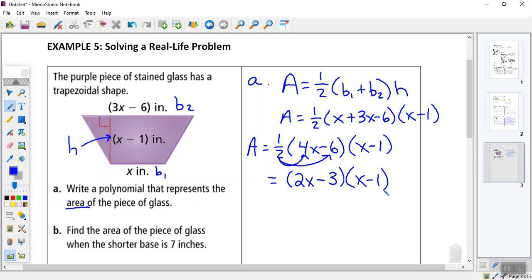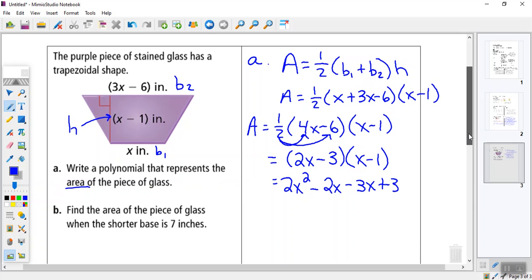How about this? 2x times x would be what, kids? 2x times a negative 1 would be minus 2x. Inside's negative 3 and x would be minus 3x. What's my last term going to be? Plus 3.